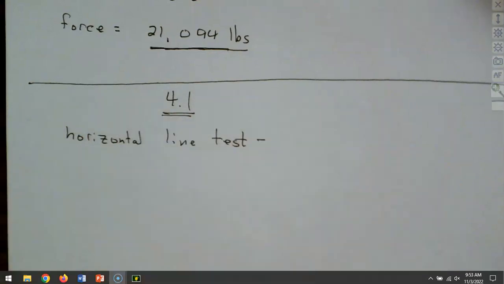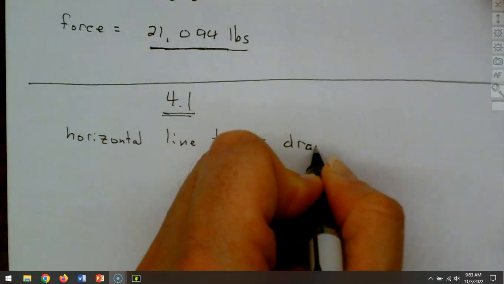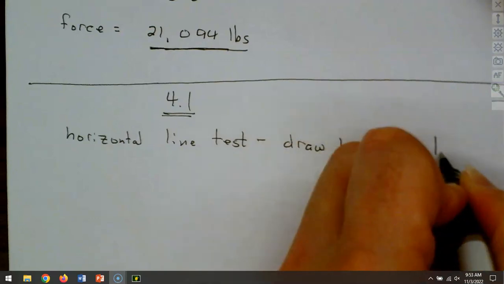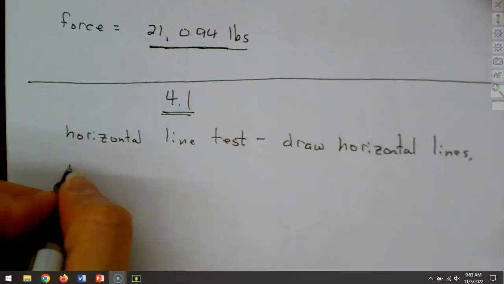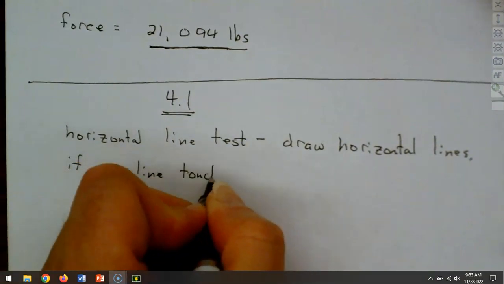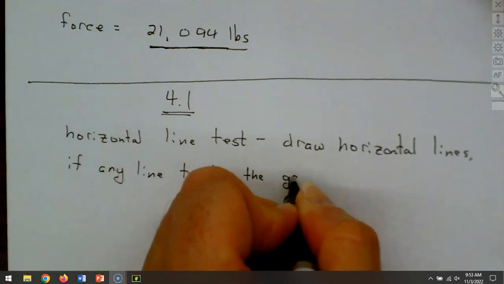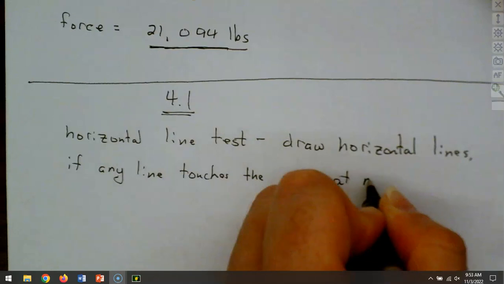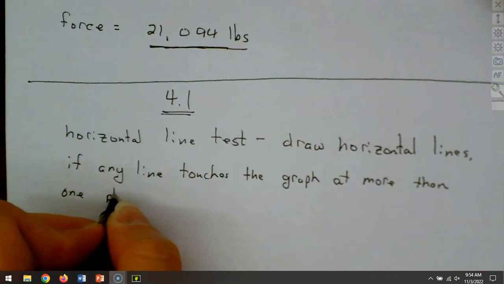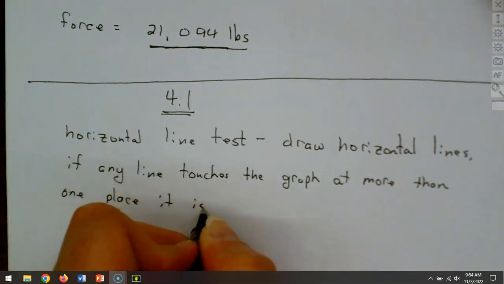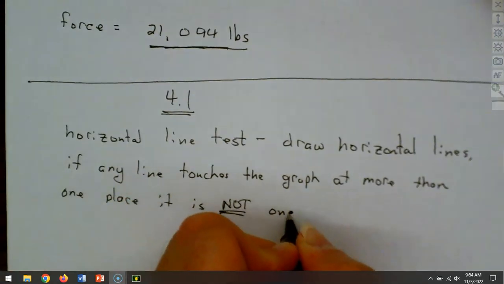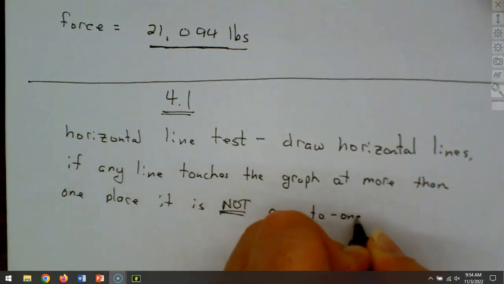And the horizontal line test says this. You draw horizontal lines. If any line touches the graph at more than one place, it is not one-to-one and has no inverse.